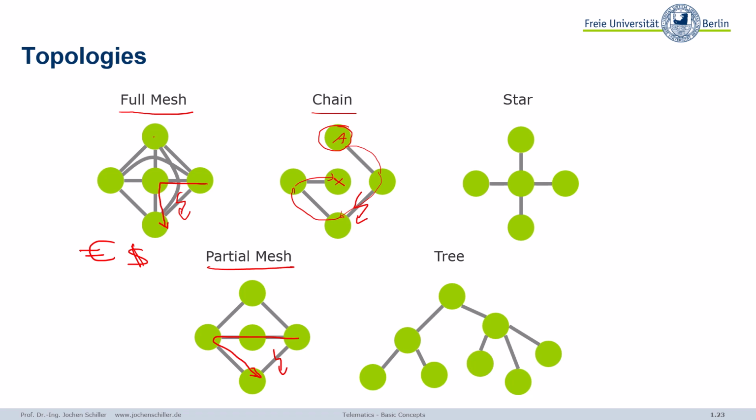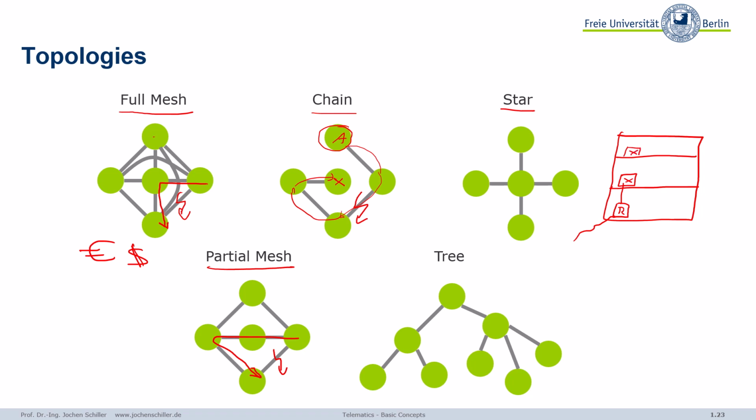And then we have some more specialized topologies, star and tree. So star topology, this is something we typically find, for example, in buildings. If you have a building with different floors, then there's some wire coming in from the internet. Then you have the first intermediate node here. That's the router. We just saw our DSL router. And then depending on how many computers you have, you could have something like, we will learn some more details about this, a switch on each floor.